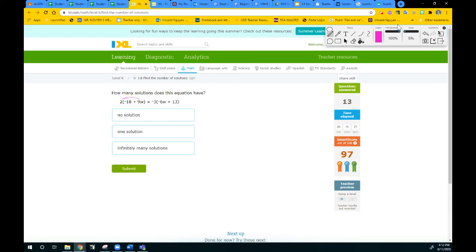Multiply, multiply. So I'm going to end up with negative 36 and then plus 18w, equal. Then I go over here and I got to multiply this in here and multiply this in here. So negative 3 times negative 6 would be also positive 18. So that's going to give me positive 18w as well. And then negative 3 times positive 3.